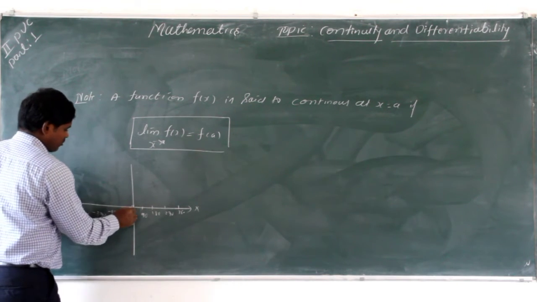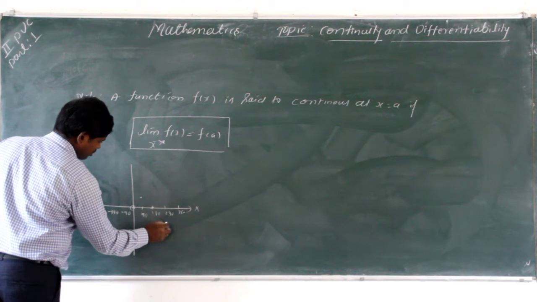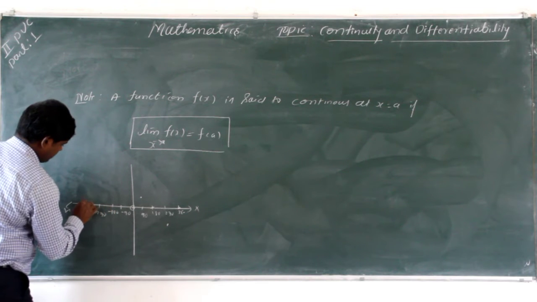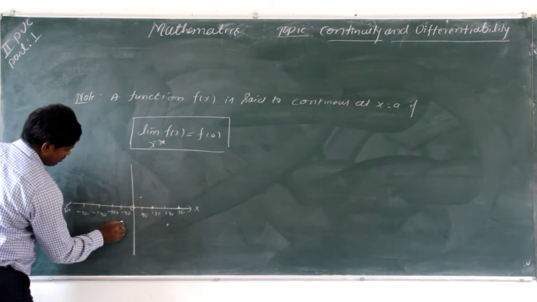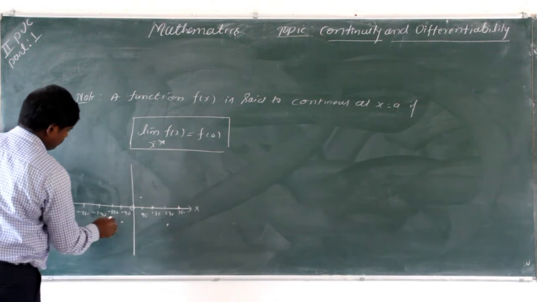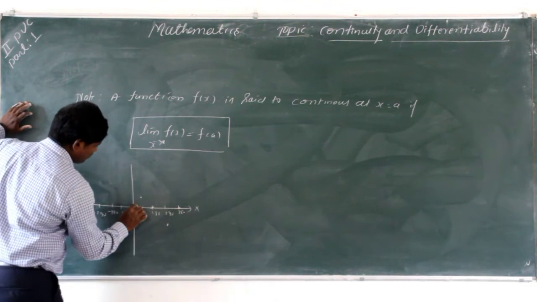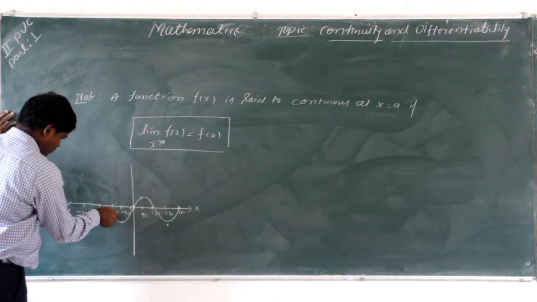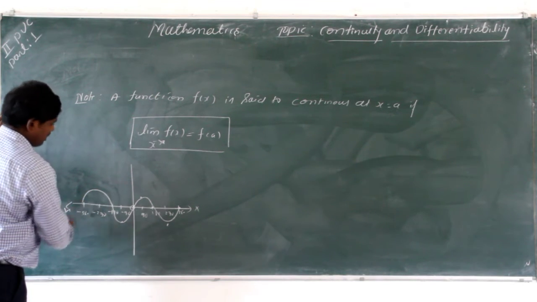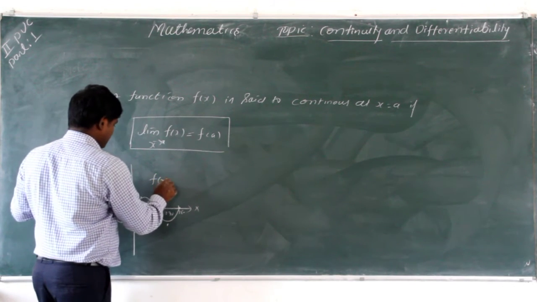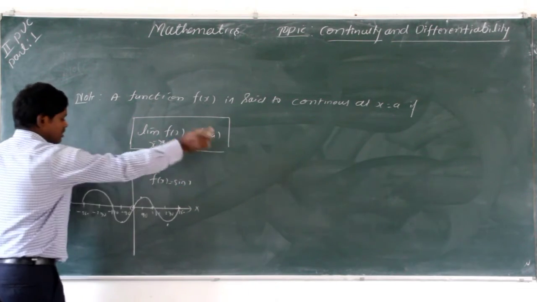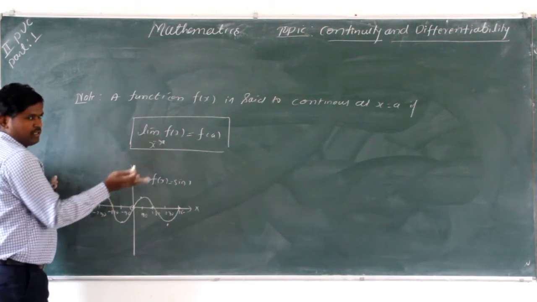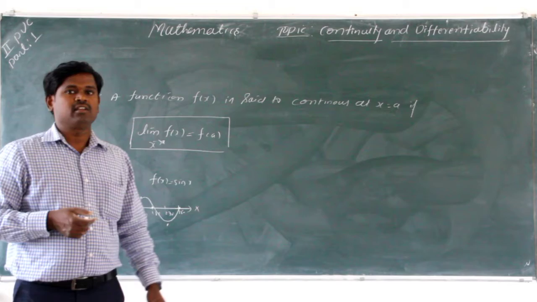Sin 0 is equal to 0, at 90 it is 1, then again 0, at 270 it is minus 1, and again 0. So this is the graph of f of x is equal to sin x. It is continuous for all real numbers. Similarly, cos x is also continuous everywhere.